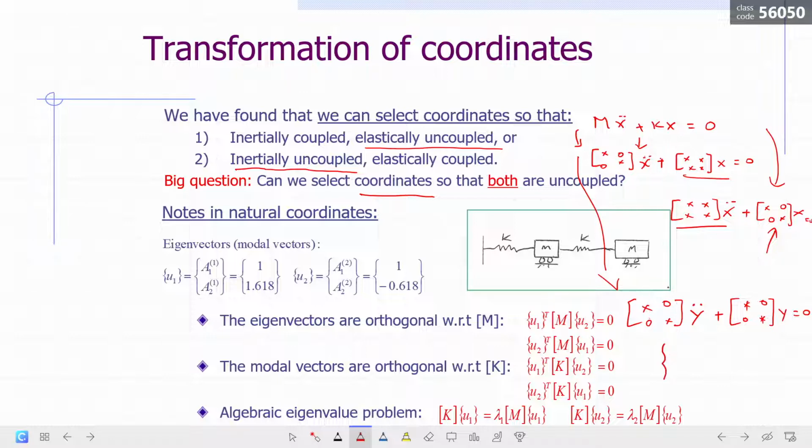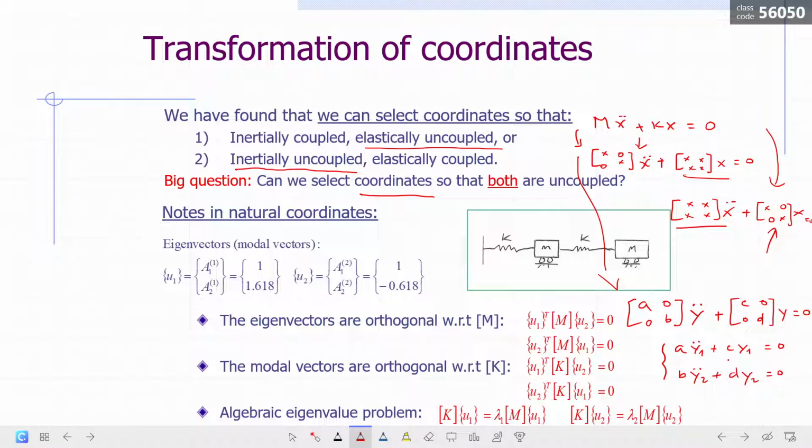Let's say here we just call it a, b, c, d. So we can easily solve this equation because we can have a y1 double dot plus c y1 equal to 0, and b y2 double dot plus d y2.